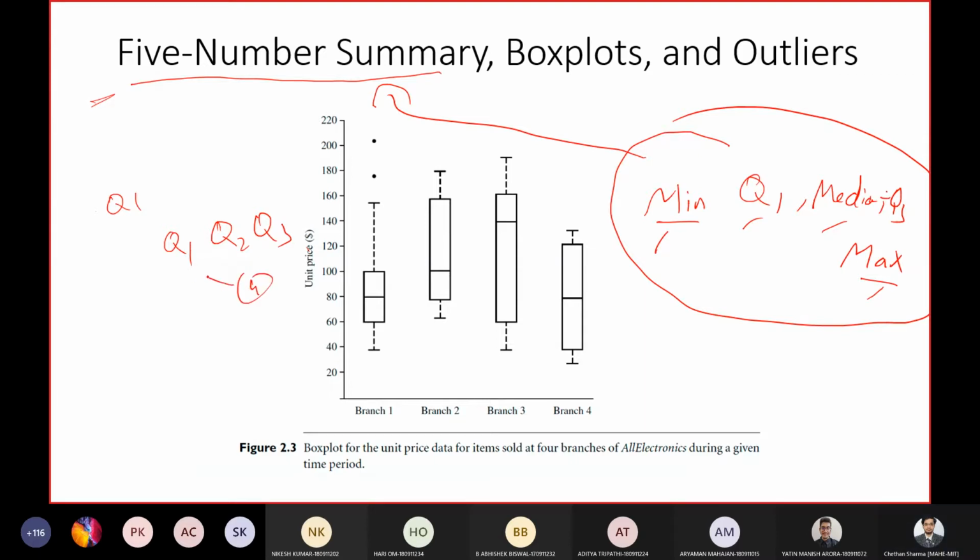Depending on the size of the data, the last number in the first part will be Q1, Q2 will be the 50th percentile, and Q3 will be the 75th percentile.